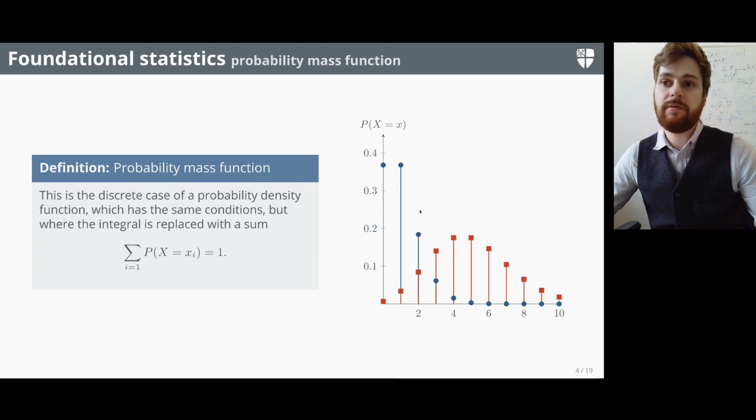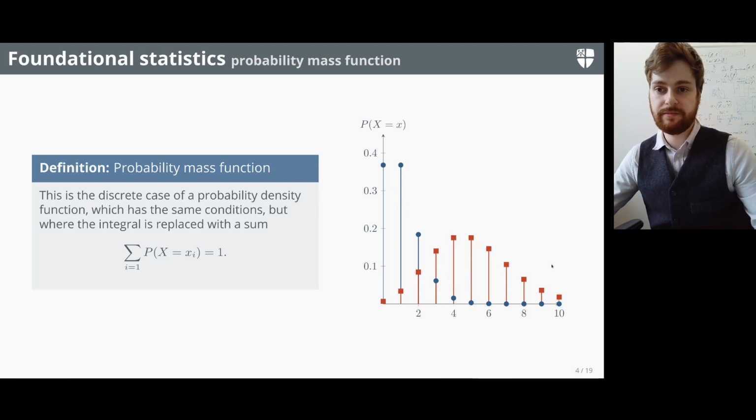In the figure we have two probability mass functions, and each has been sampled from an underlying Poisson distribution. This is a distribution where you can change the parameter lambda, and we've got two cases here, lambda equals 1 and lambda equals 5. If you sum up all of the discrete observations, you'll see that these values all sum to 1. So it's a probability mass function.